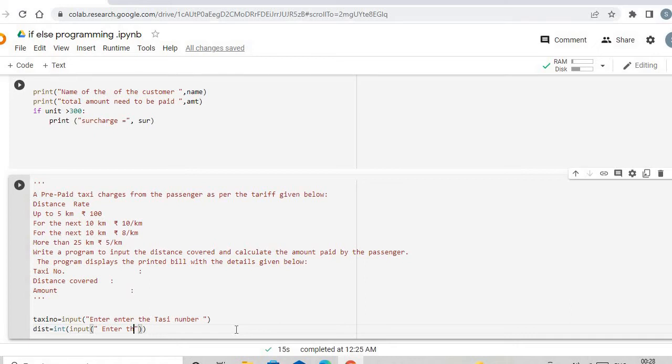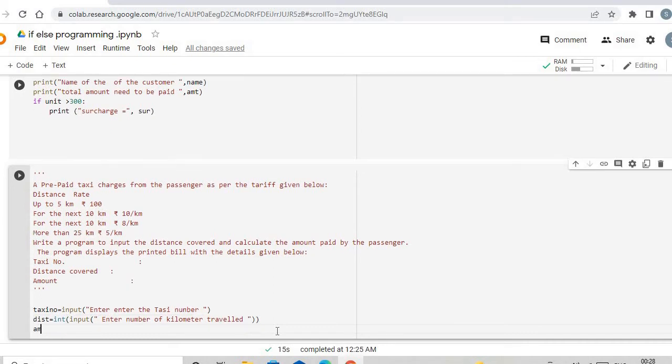Enter number of kilometers traveled. Okay.